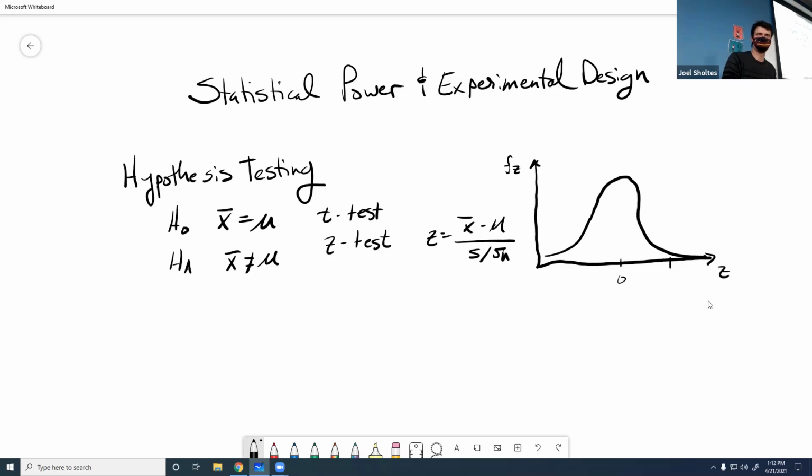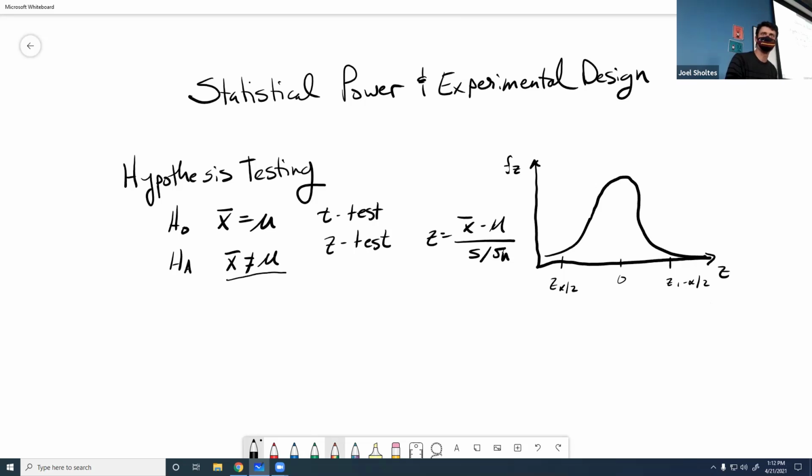If we're going to do a two-tailed test, which just means they're not equal, then we calculate these z alpha over 2 values, z 1 minus alpha over 2. So that's our critical threshold, right? The critical score that we have to surpass either positive or negatively.